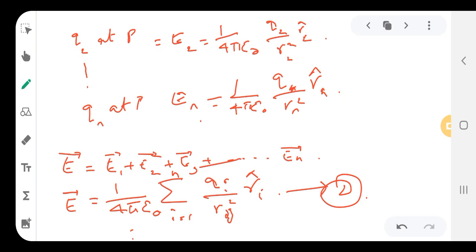So this is the electric field due to the n number of charges.